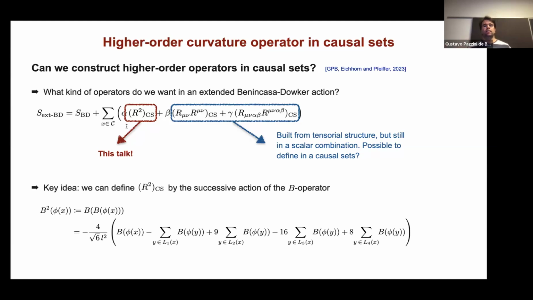The basic idea is that we can construct the R square operator by acting with the B operator twice. Essentially, I define B square as B acting on B of phi, just using the definition of B acting on something.